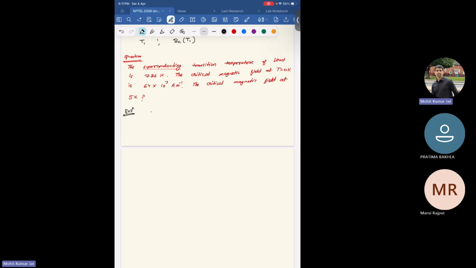So the critical temperature Tc, at, of course, zero magnetic field is 7.26 Kelvin, and the critical magnetic field is also given.